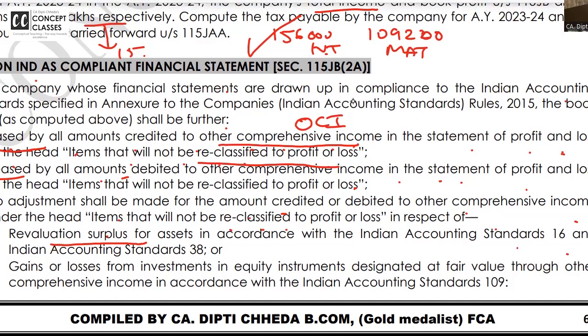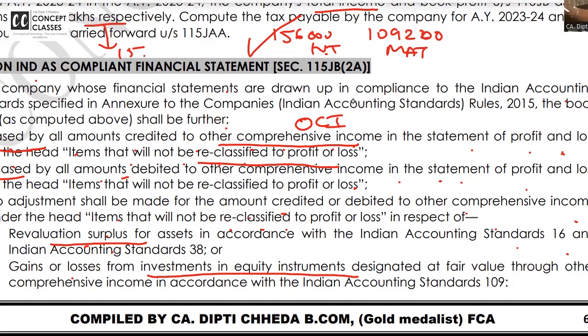Ind AS 16 PPE related and all, or gain or loss from investment. Why, ma'am? If in revaluation reserve on property, plant we have added some profit, why should we not add it? This we will take and pay the MAT when it is an actual profit on the revaluation surplus.